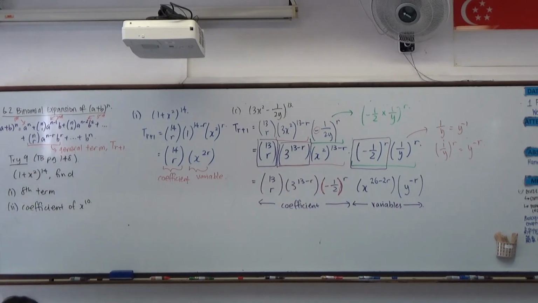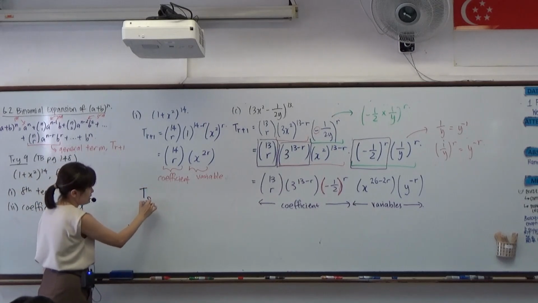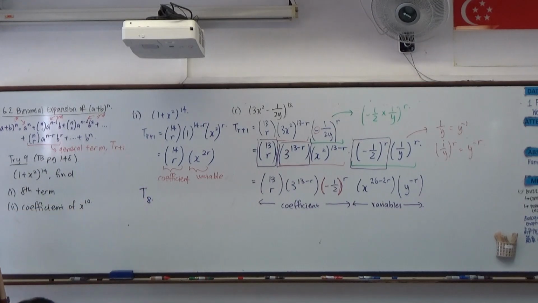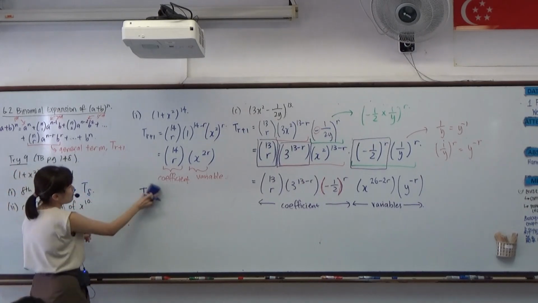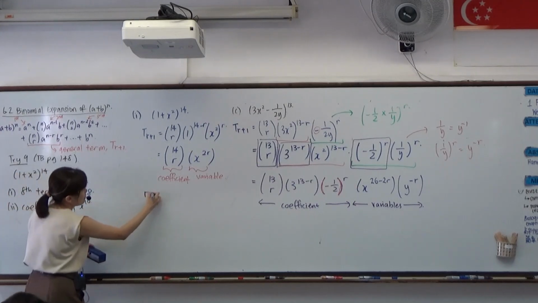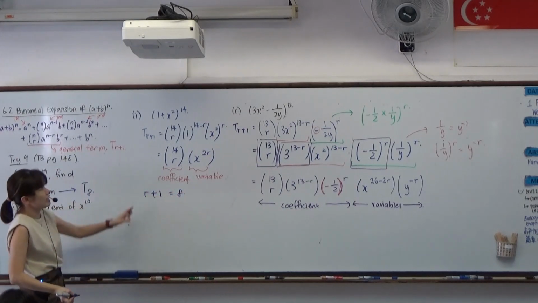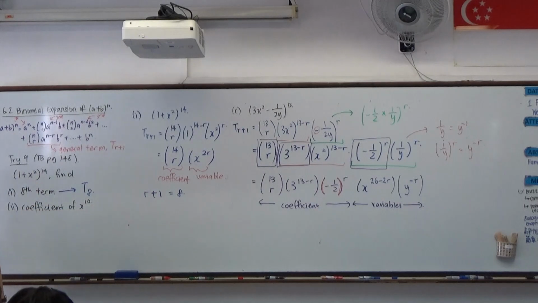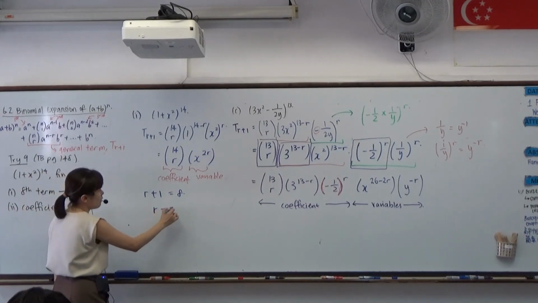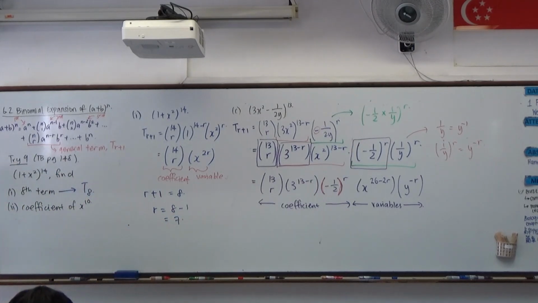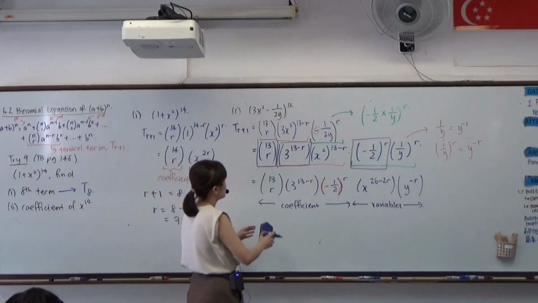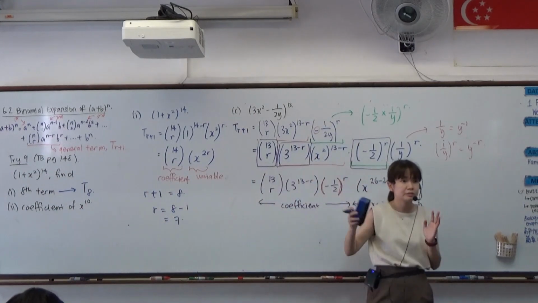The question wants us to find the eighth term. That means we're looking for T8. So the eighth term is referring to T8. That would mean that r plus 1 needs to be equal to 8, so I can find the value of r. That would be 7.